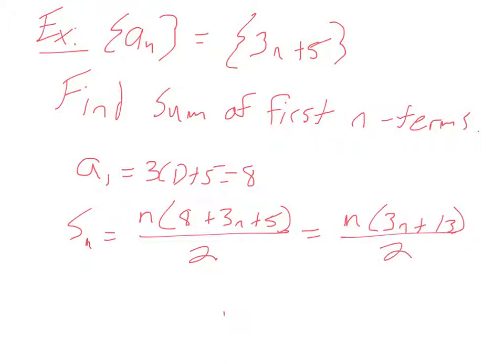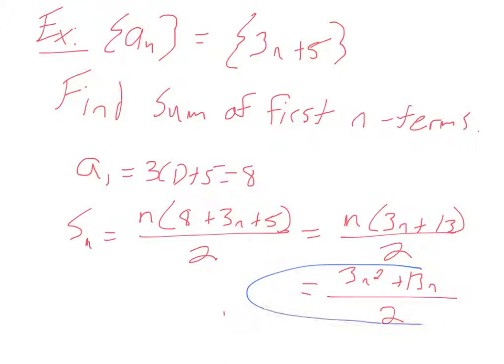And then if we wanted to go ahead and distribute the n, we'd get 3n squared plus 13n over 2. And so if we just plug in the number of terms, that will give us the sum of the first n terms of that arithmetic sequence.